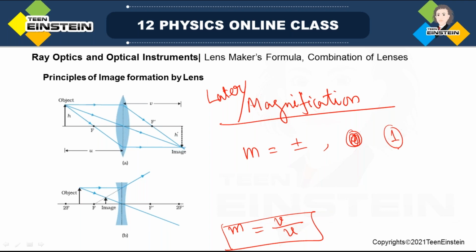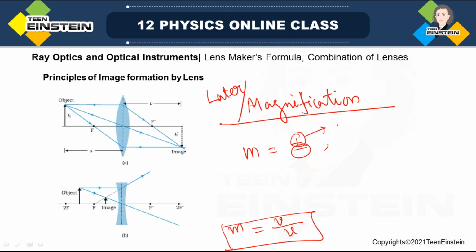That depends on your v by u, so you can control it by v by u as well. Okay, so now I'll just talk about positive or negative sign.